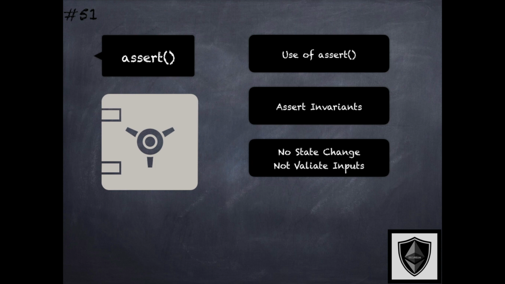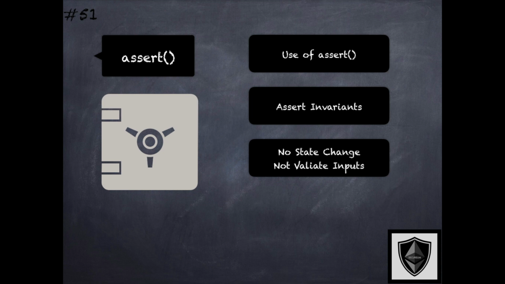And the reason for this is because if any state changes are made as side effects of the predicates within asserts, then those could be missed both by developers during maintenance or when they are trying to do any testing, and they could also be missed by auditors because these state changes are not expected to happen within asserts.